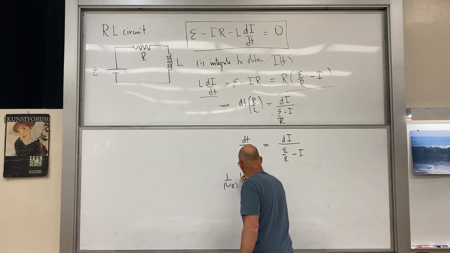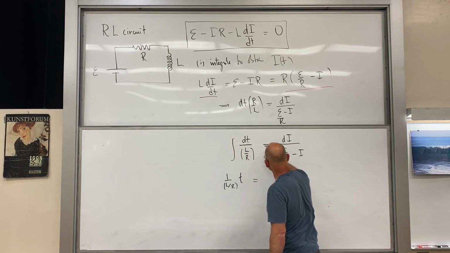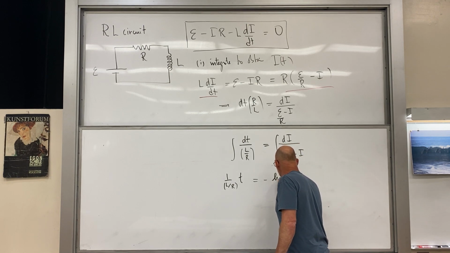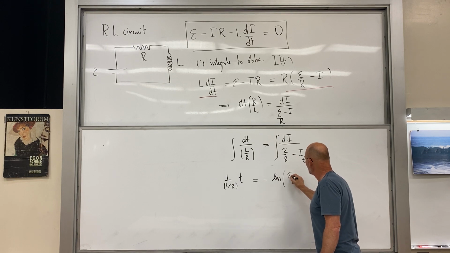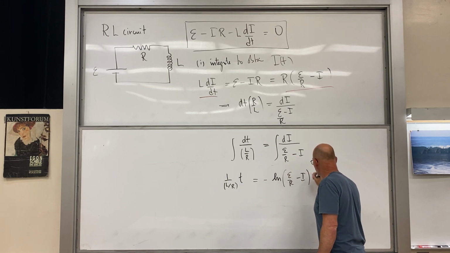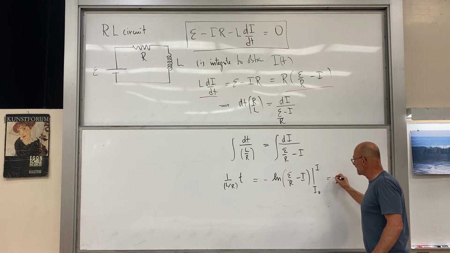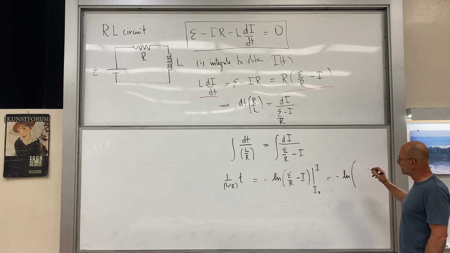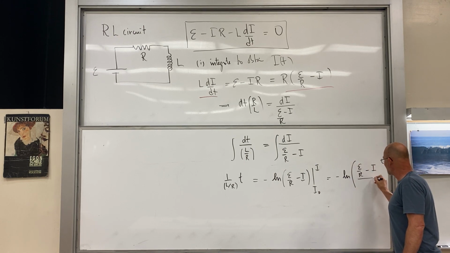I integrated to t, and here when I integrate, I'll put my sign here, I'm going to have minus the natural log of E over R minus I from I sub 0 to I. And that will be minus the natural log of E over R minus I divided by E over R minus I sub 0.